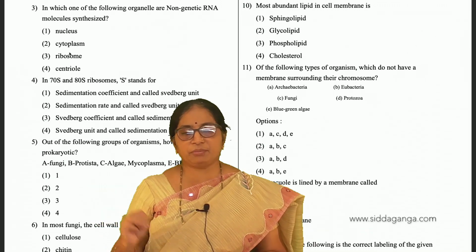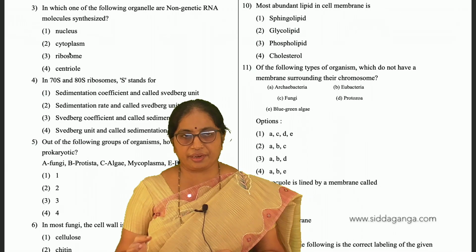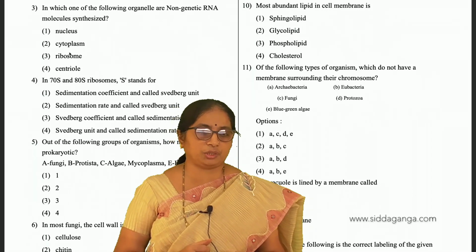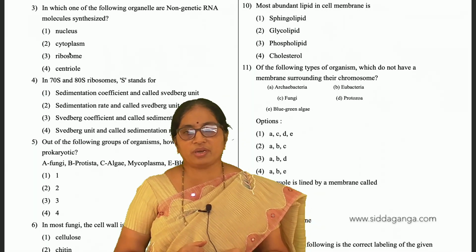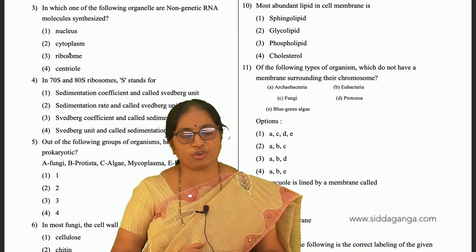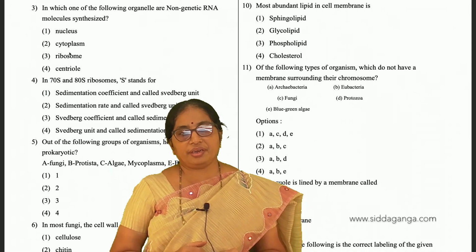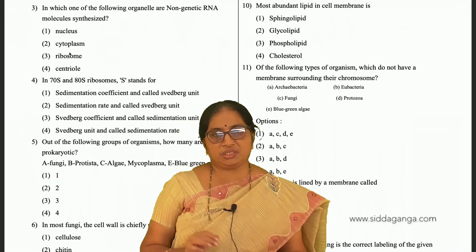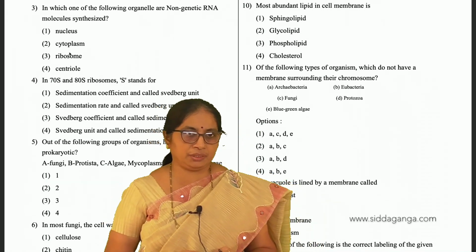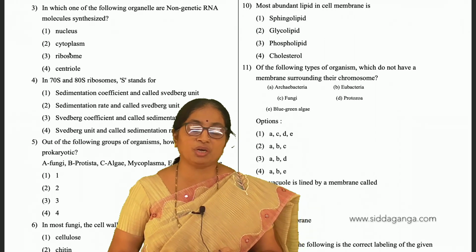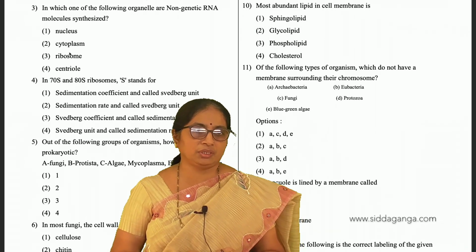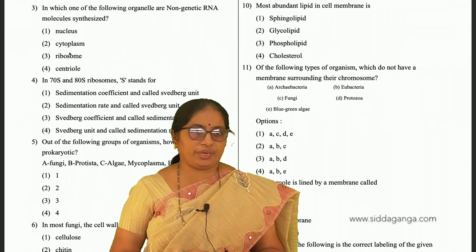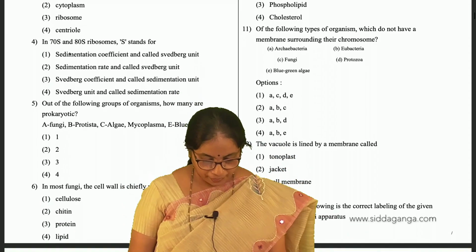Here we have three types of RNA: mRNA, tRNA and rRNA. rRNA is ribosomal RNA, tRNA is transfer RNA and mRNA is messenger RNA. All of them are synthesized in the nucleus by the DNA because it has various enzymes to synthesize them. Okay, next question.